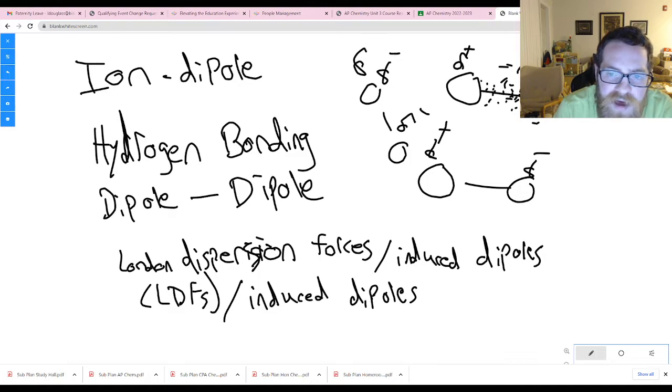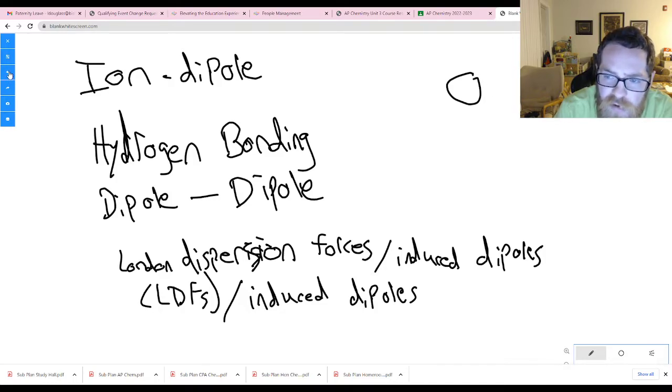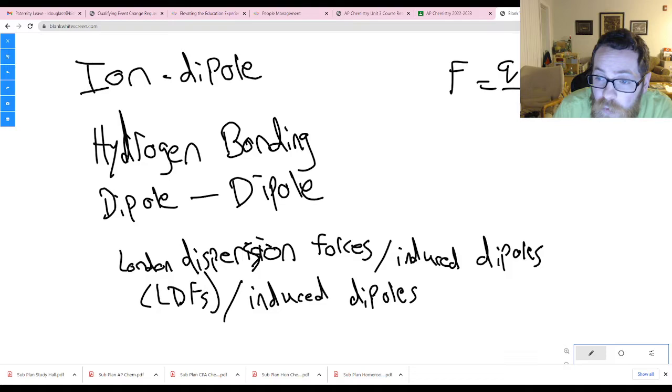It's actually a lot like ionic bonds, but they're not full charges. They're partial charges, and so it's a lot weaker. If we talk about our F equals Q1 Q2 over R squared, for our ionic bonds we have +1 or -1 charges, or +2, -2, +3, whatever, charges for these Q1s and Q2s.